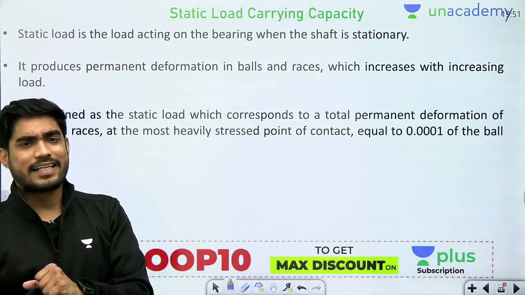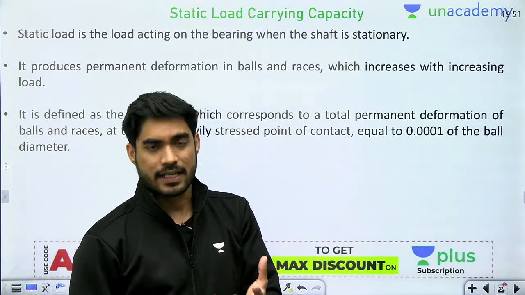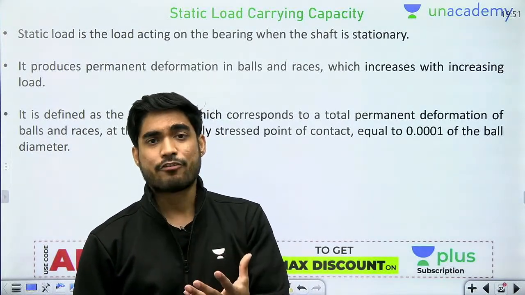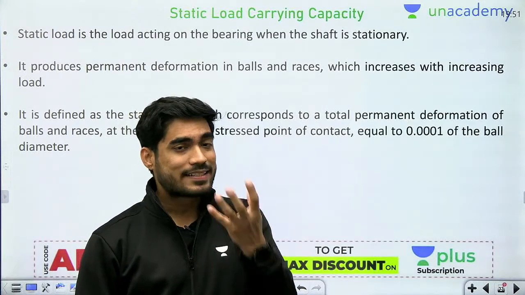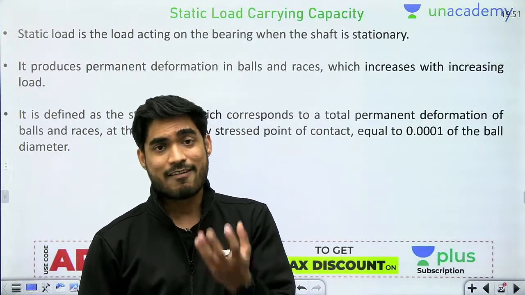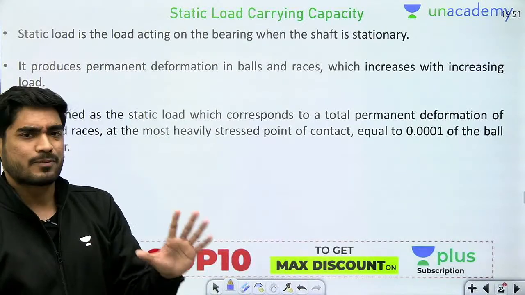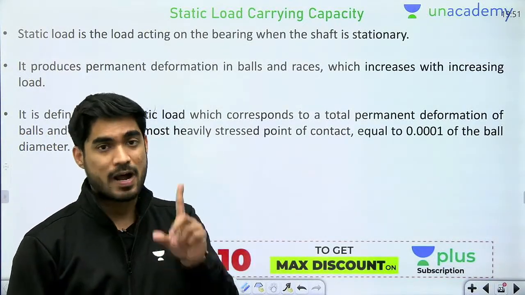Now due to this static load, there is deflection, there is deformation in the ball bearing or roller bearing, and this deformation is plastic deformation. Now understand why we are interested in this deformation. Why are we not talking about stress? So beta, stress will be within its permissible value, but the problem is with the deflection, the deformation. Why?